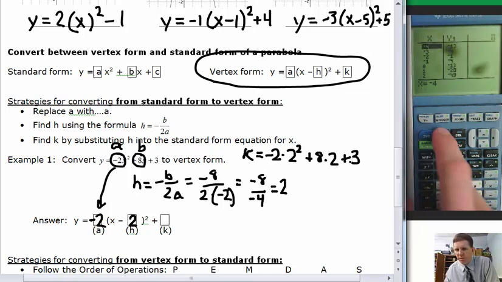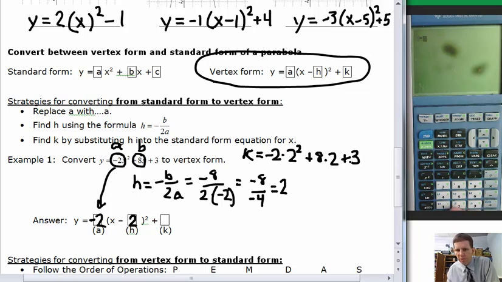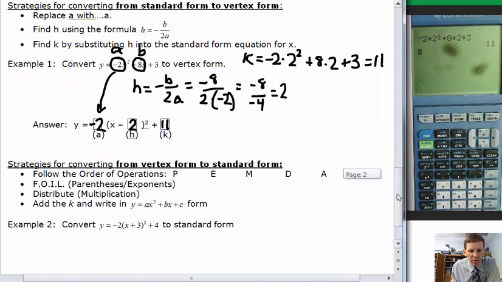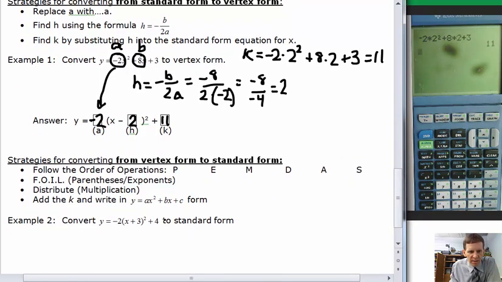The quickest way to do this, get your calculator out. We're just going to type this all in at one time and get a value for k, which is 11. And that goes right here. Pretty easy.